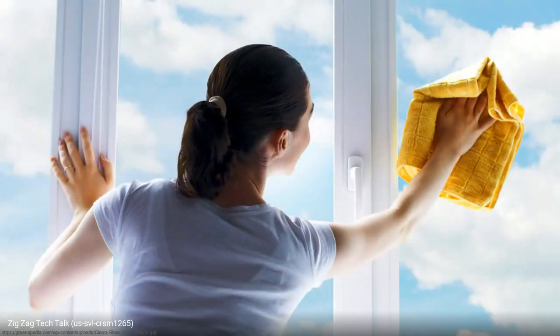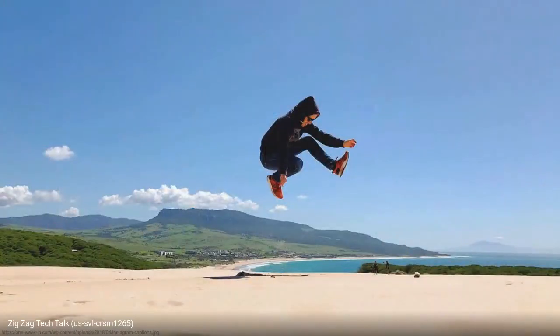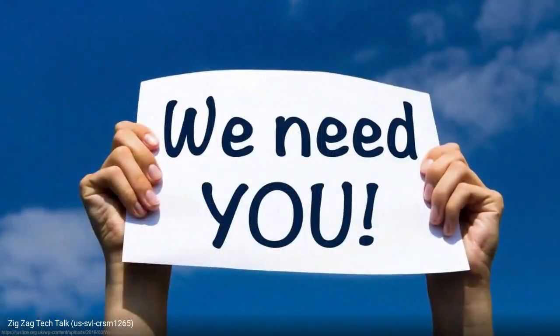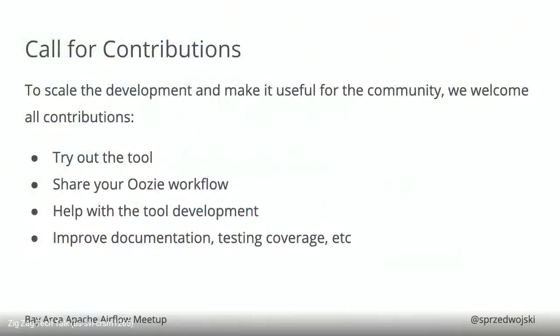So why am I telling you this? My main point here is to show you that the code base is really quite clean, concise, and coherent, and easy to jump into, and hard to break things. And that's because we want you to help us. If you are interested in this, we have a call for contributions.